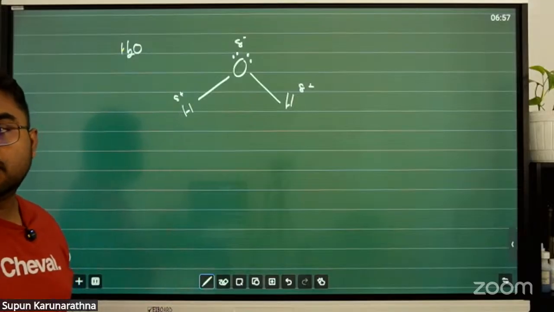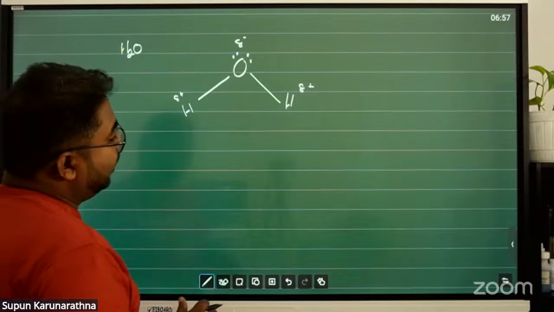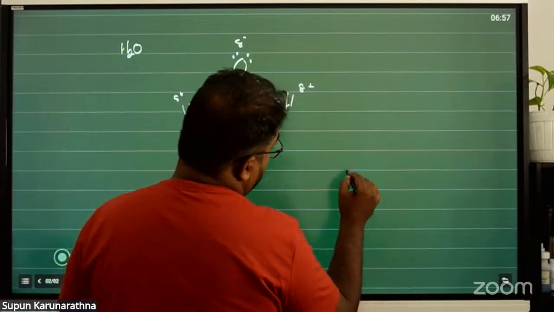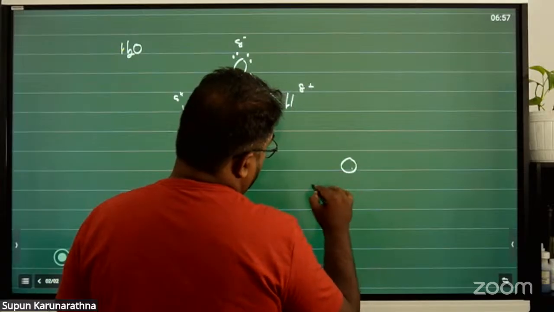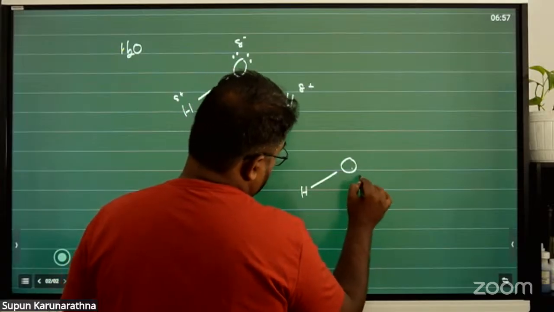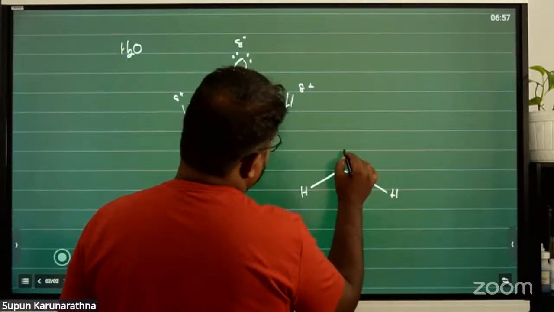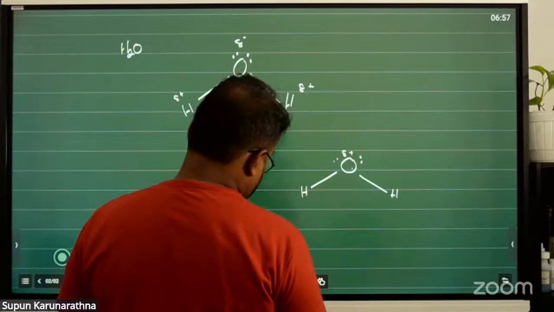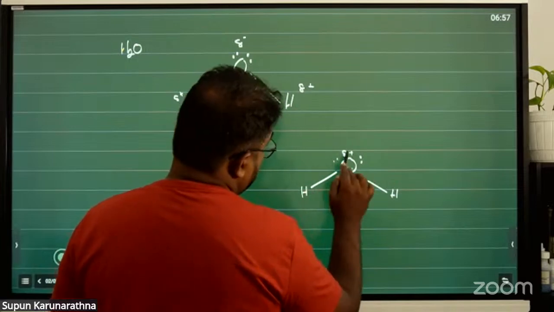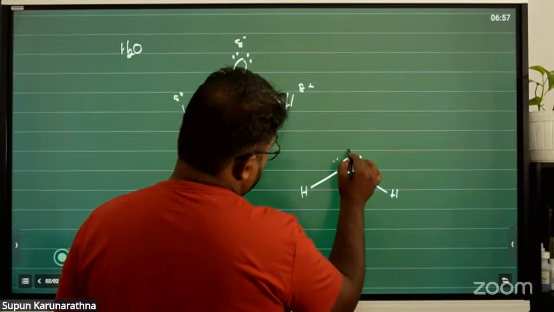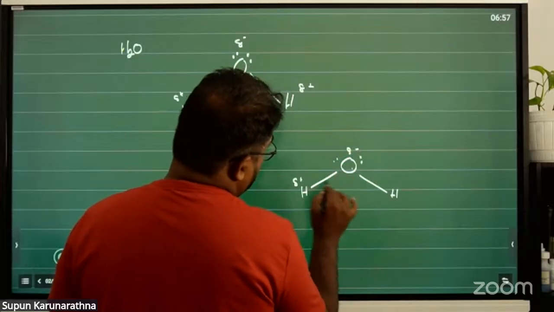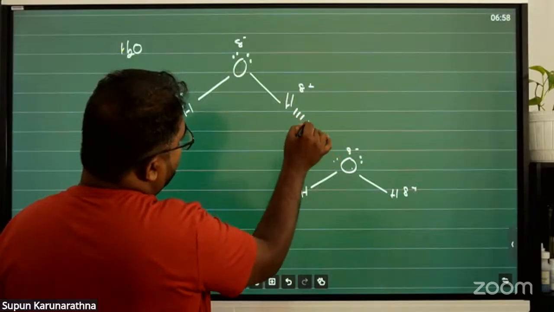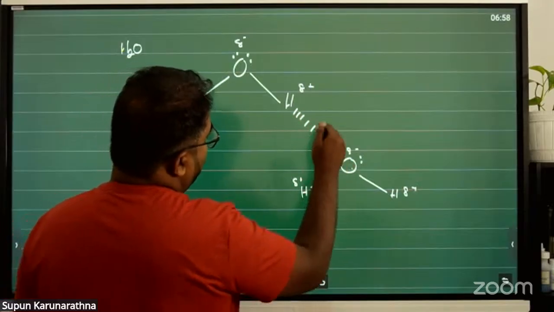When we consider another water molecule, it also has a delta plus charge. You can see that between two water molecules, it creates this special bond.